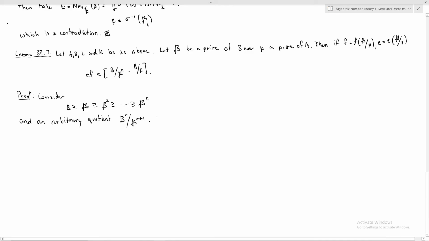So I can view this as a B mod P vector space, which is then going to allow me to understand it as an A mod P vector space.